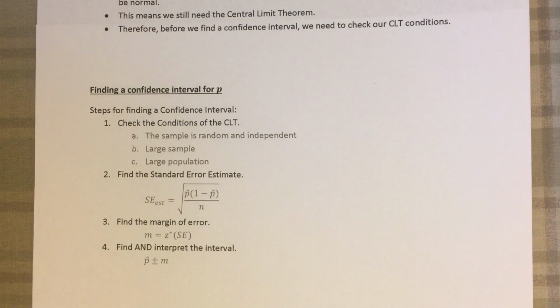Then we're going to find our standard error. So step 1 and step 2 are identical to what we did in section 7.3. First we check our conditions, next we find our standard error. Once we find our standard error, then we're going to find our margin of error. So we're going to go to that z-star table and take a value out of there. And then we're going to find and interpret our interval when we are done.